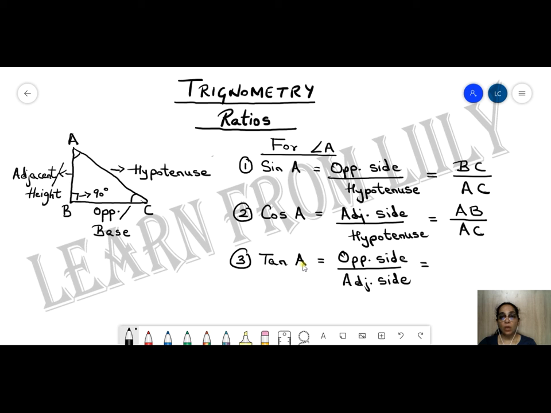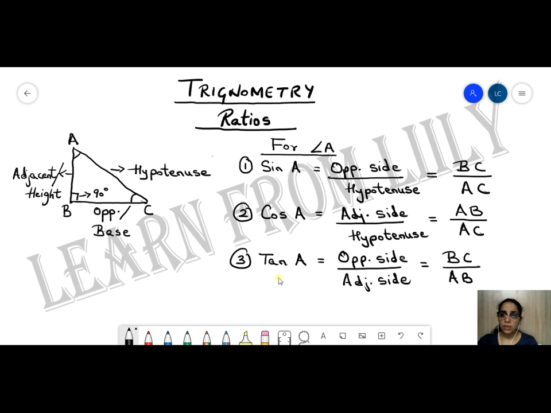What is my opposite side? BC. I am again talking about A. So in terms of A, my opposite side is BC and my adjacent side is AB. So this is my tangent A. Again, if I have the values over here, I will get a fraction for this particular ratio. So these are three basic ratios: sine, cos and tan.